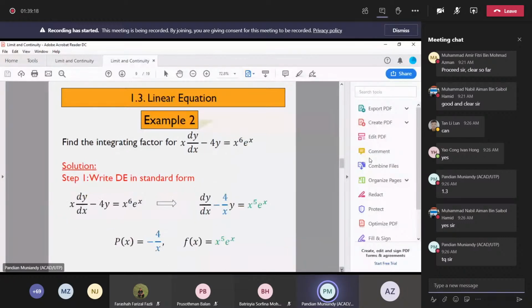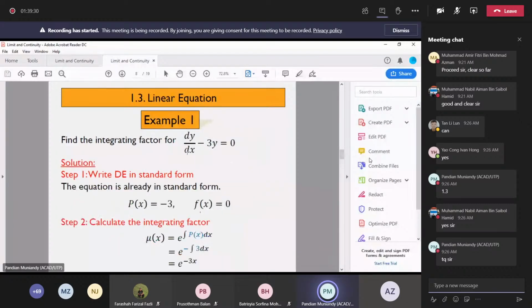What I want to show you is the method. In this case, if you want to solve this problem, you need not use the integrating factor method because this is separable. dy/dx equals 3y, so dy over y equals 3 dx.